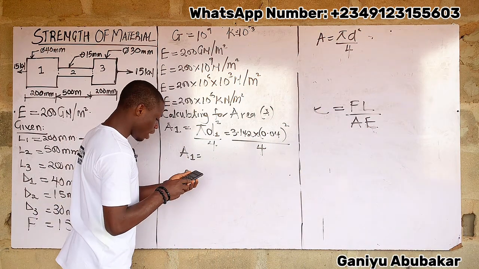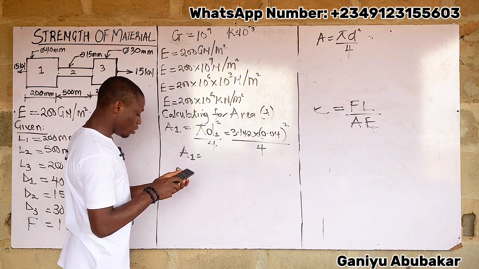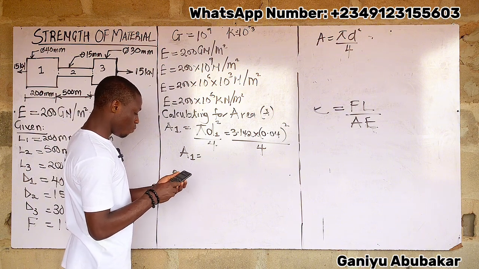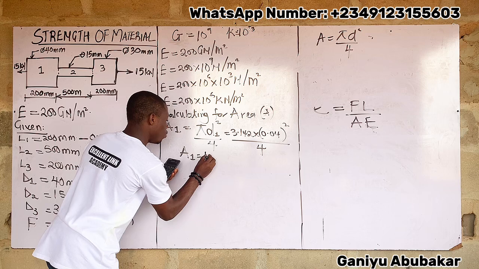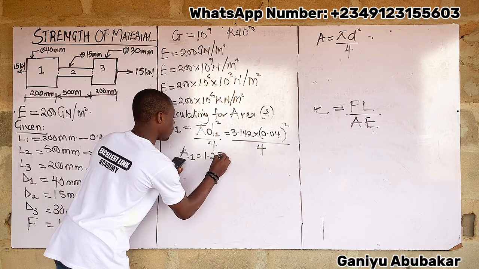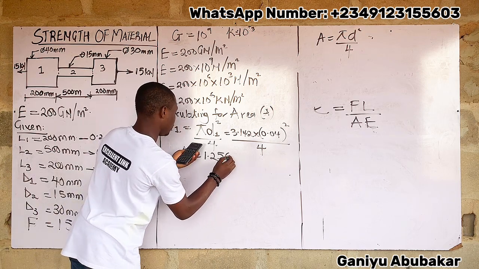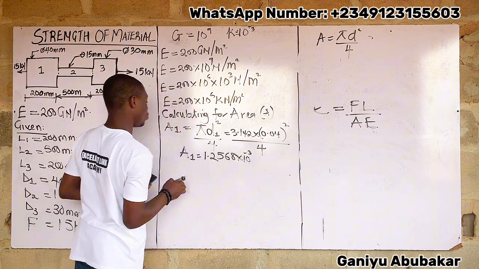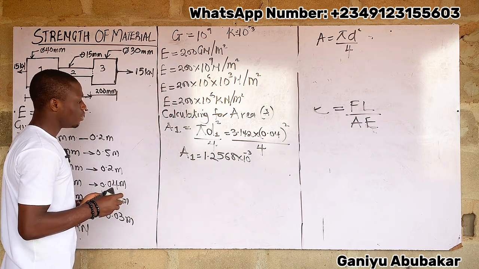If I multiply this, 3.142 times 0.04 squared divided by 4, I have my area to be 1.256 times 10 to the power minus 3. So area of section 1 is there now.